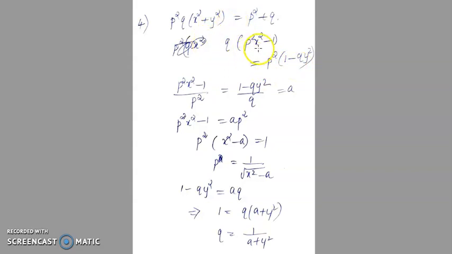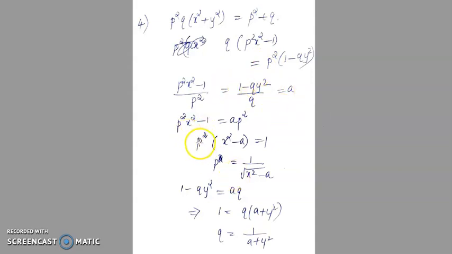So this is in the form where the q terms are on one side and p square terms on the other. So you can put it in the form f of xp equal to g of yq. So you will get p square x square minus 1 by p square equal to 1 minus qy square by q. So substitute a: from the first equation find p, and using the second equation find the value of q.